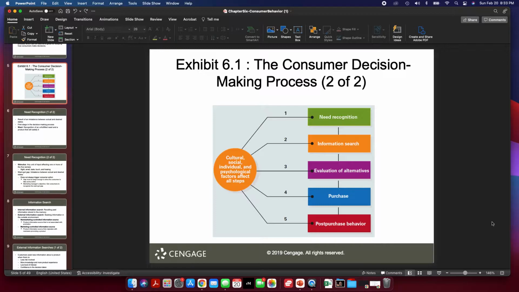Important to note on the left that cultural, social, individual, and psychological factors all affect how somebody moves through these steps. If you think about it, everything that we're exposed to as a person, our family, our friends, helps move us through these processes at each step, and helps us move through these steps more quickly, because our brain is looking for shortcuts when we're making decisions.